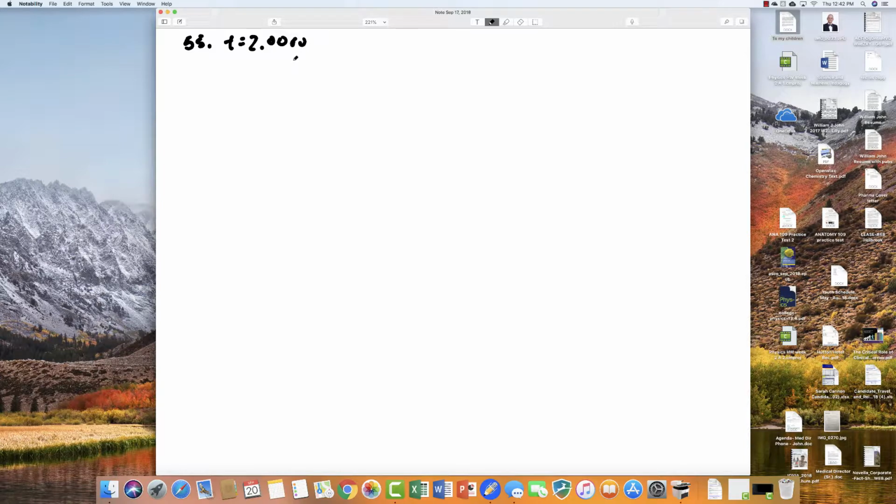And the distance, or excuse me, what we're wanting to know is the time to the water. And so d is equal to 1/2 gt squared. So that's going to be 1/2 times 9.8 times 2 seconds squared.